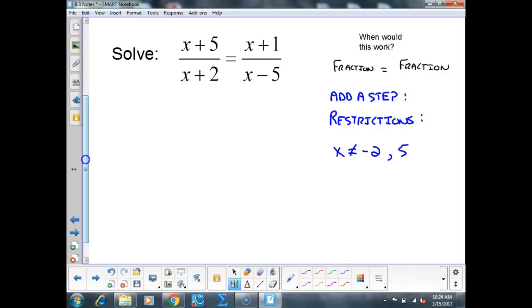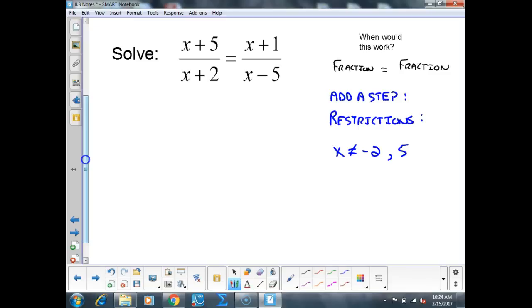In the end, if we got x equals 5 as our answer, we kick it out. We throw it out. And then if we had some other ones, then those would be the answers. But that one wouldn't be part of it. Or if that was the only answer we got, and if it was 5 in this particular problem, we throw it out and we say no solution.